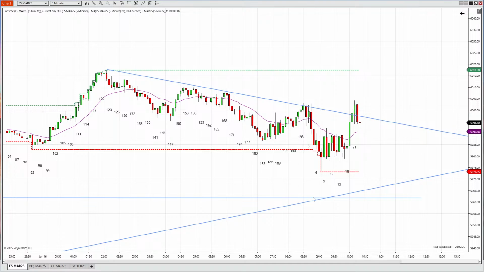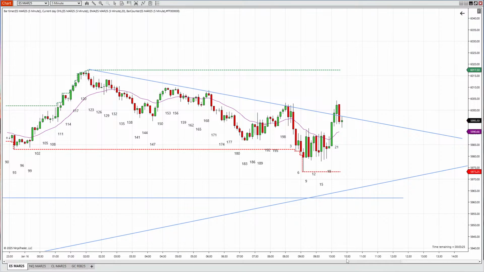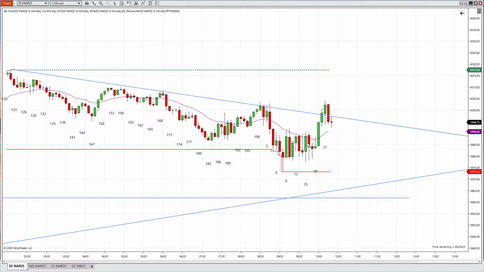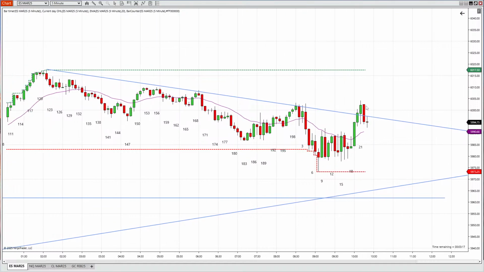I'll have to wait on that bar. So, something else to kind of note too is just how small this is. It's all very small. This leg up is only 3 bars, 1, 2, 3. Do you think the next leg up is going to be 10 bars?